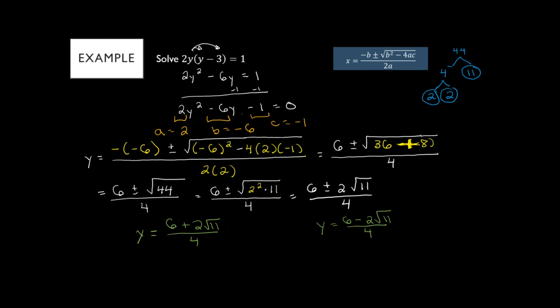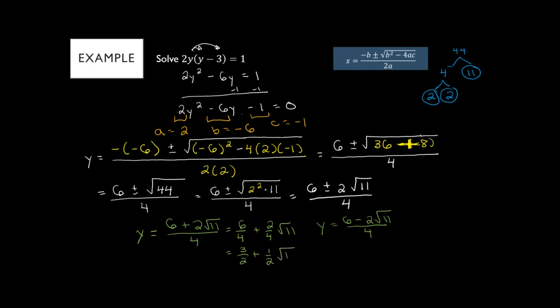And so I am going to split these fractions up. So we have 6 over 4, then plus 2 over 4 times the square root of 11. And then I can reduce each of these. So 6 over 4, I can divide them both by 2. That leaves me 3 halves. And then 2 over 4 reduces to 1 half.